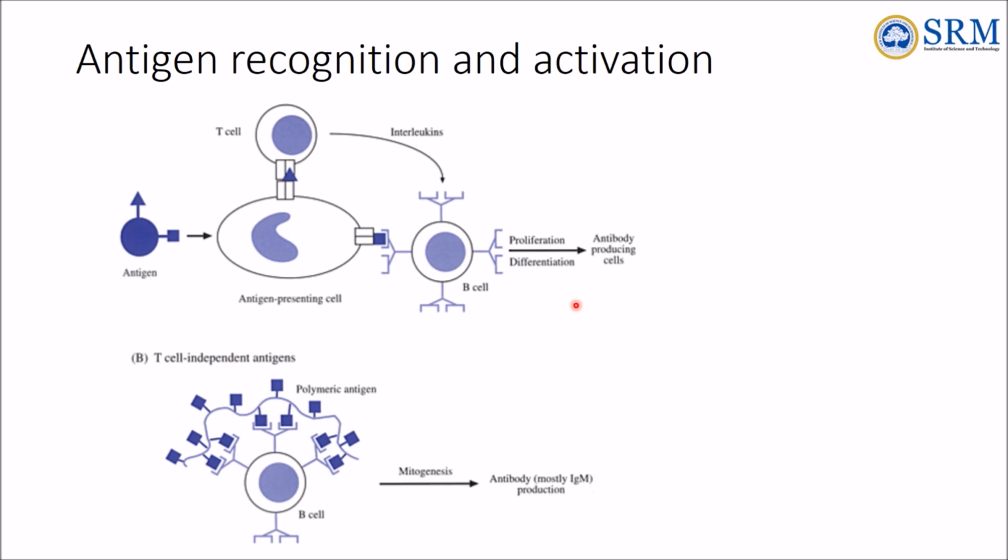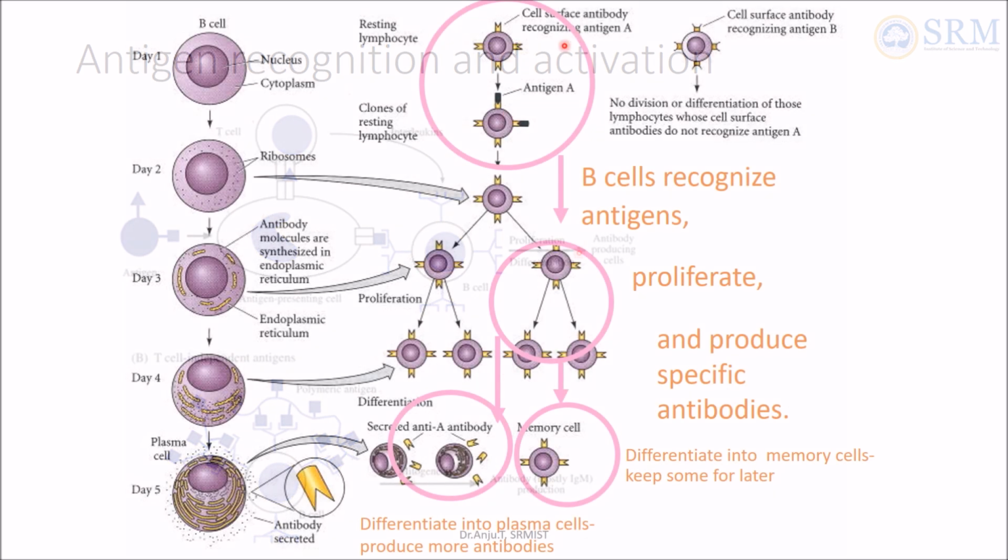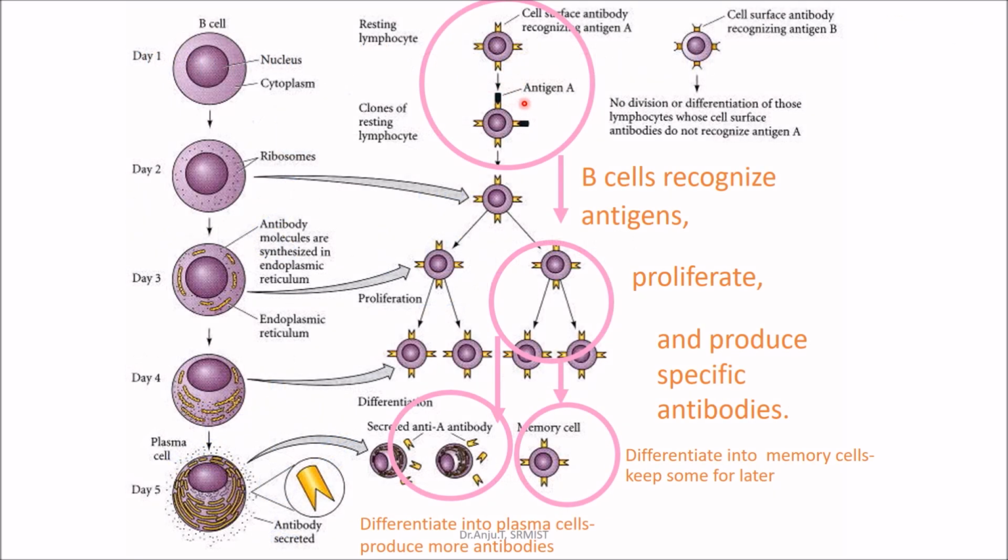When an antigen is encountered, the B cells can directly recognize the antigen and get activated to fight against it, or they recognize the antigen through activated T helper cells, and the B cell gets activated and starts acting against the antigen. When a B cell encounters an antigen, it starts to proliferate, that is multiply in numbers, and differentiates further, that is it learns how to act against the antigen.